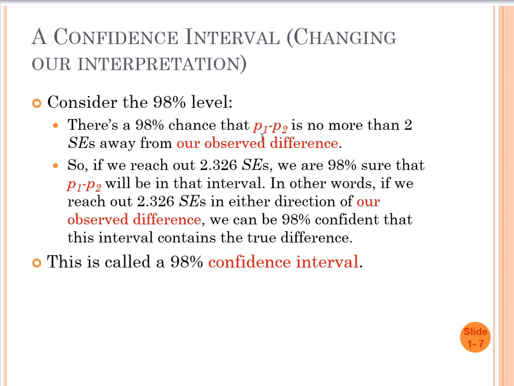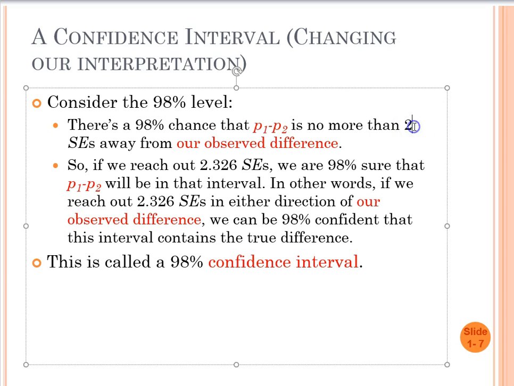So our new metric is this total difference. And our confidence interval then is based on where we think that true difference lies. There's a 98% chance that that true difference is about 2.3 standard errors away. And so we're going to use our sample and reach out 2.3 standard errors to try to capture where we think that true difference might lie.